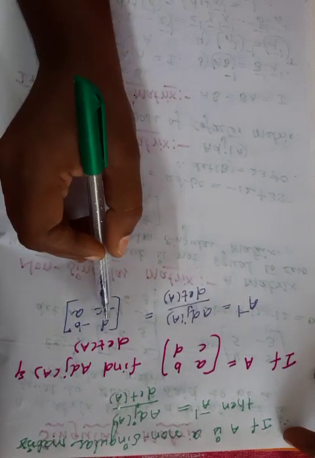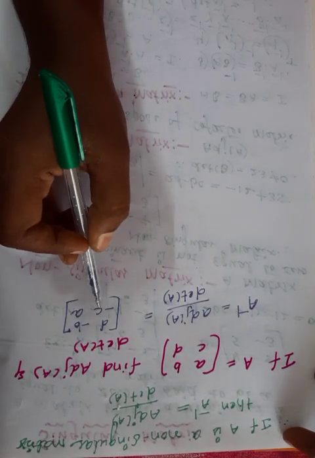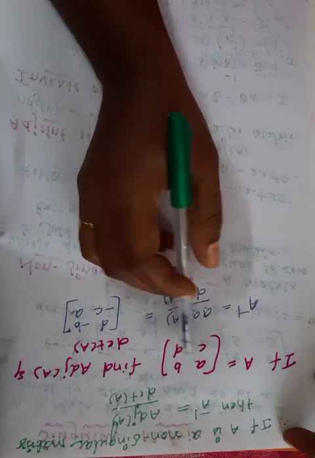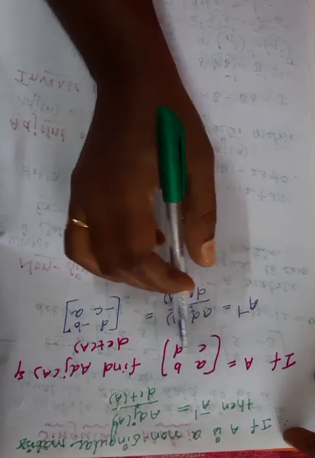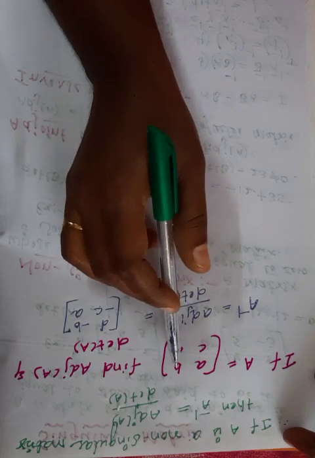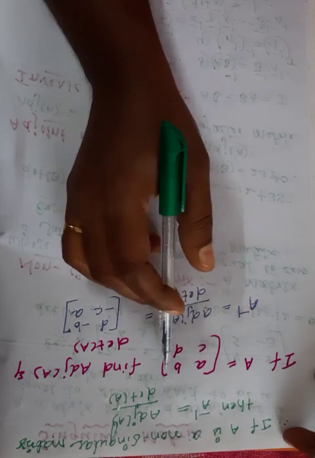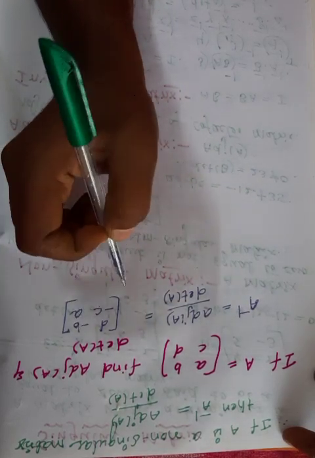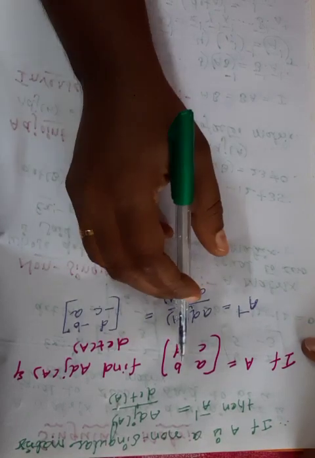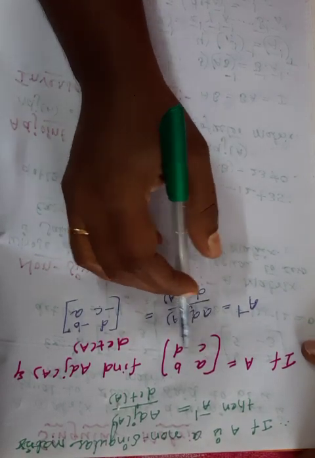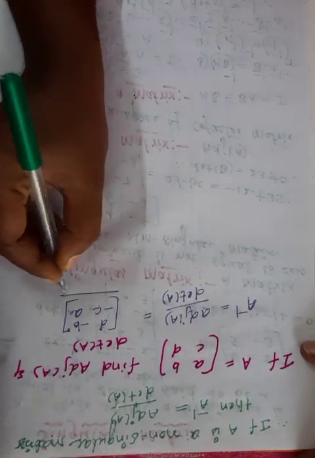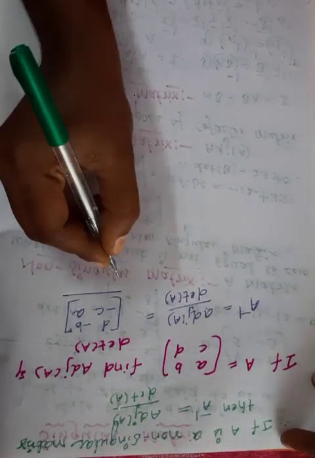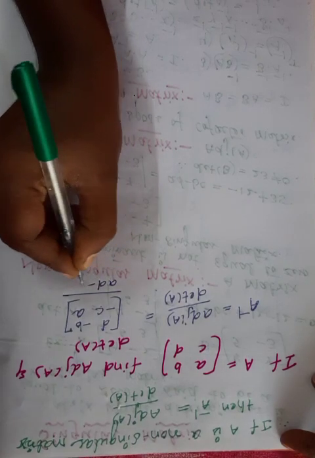Here we have replaced A with D and D with A. We interchange the places of A and D, and for B and C, change the signs: if plus, make it minus, and if minus, make it plus. So change the signs of B and C, and only interchange A and D. Divided by determinant of A. Already we have discussed the determinant of a 2 by 2 matrix, which is equal to AD minus BC.